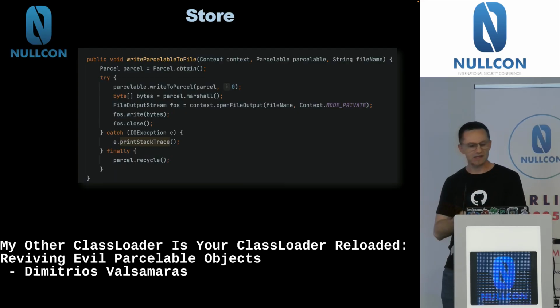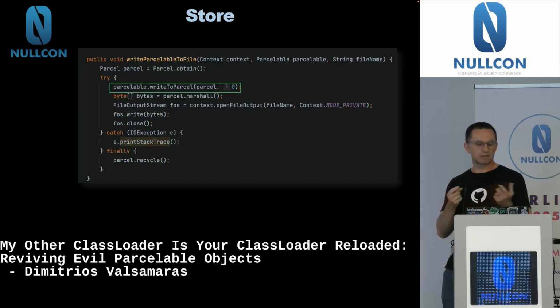How can we write the parcel as a file? First of all, we have to create a parcel, and in order to create a parcel, you can't use the default constructor of the Parcel class because it is intentionally private. But you can use the obtain method of the Parcel class to do that. Then we use the writeToParcel method of the parcelable.